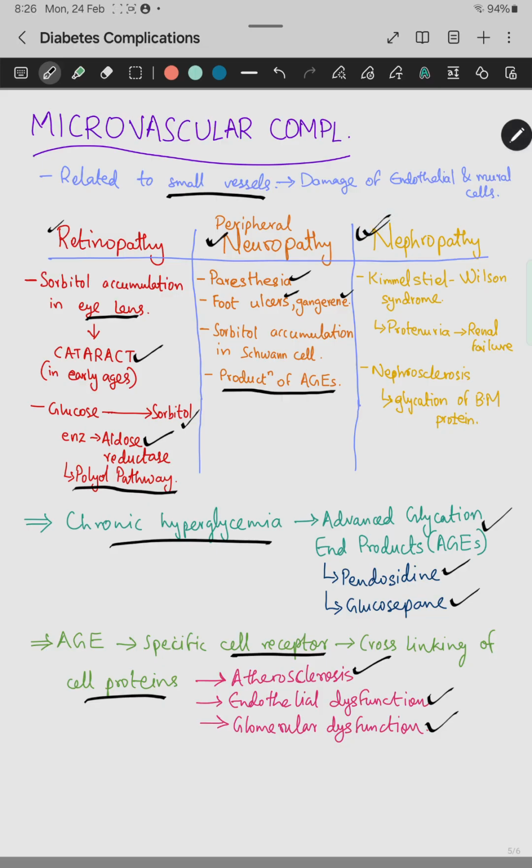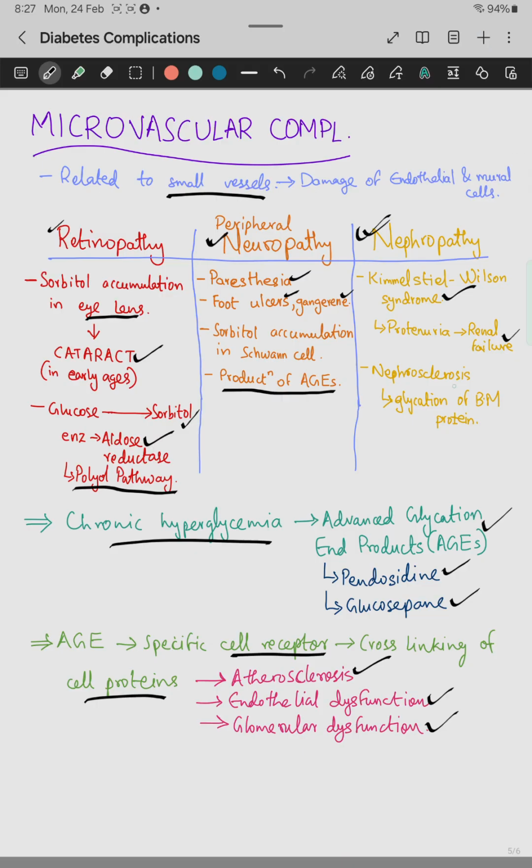Now coming to nephropathy. It is also known as Kimmelstiel-Wilson syndrome, and that is renal failure due to proteinuria. Proteinuria means the excretion of proteins in urine, which is an abnormal condition.